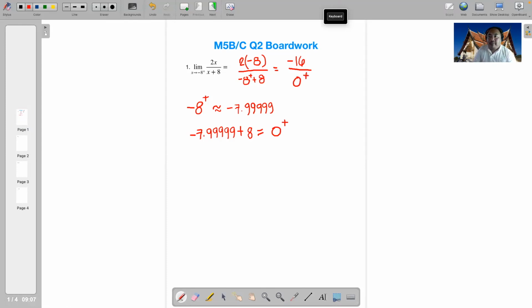From our introduction earlier, we know that this is a negative number, negative 16, divided by a number very small but nonetheless positive, gives us negative infinity.